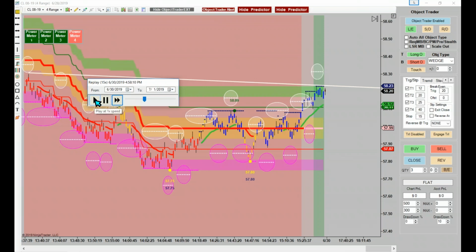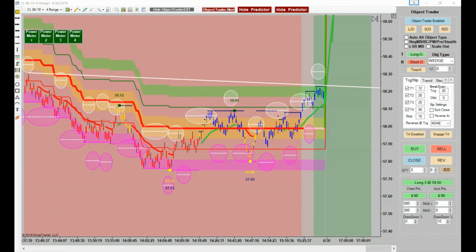And then I'll slow it down when it gets to 59. There we go. All right, let's wait 12 seconds. All right, see, we've got a wedge set on touch plus 0 is all. All it has to do is touch above that wedge and it'll fire a market order with your broker. Okay, so here's your trade.